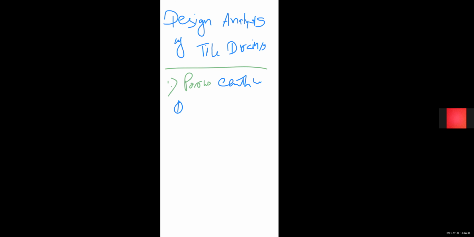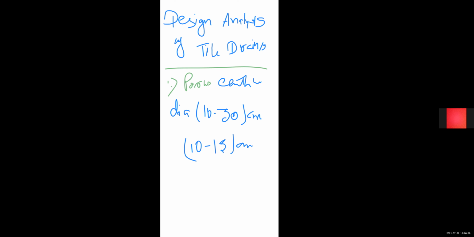Generally the minimum dia should be 10 to 15 centimeter.